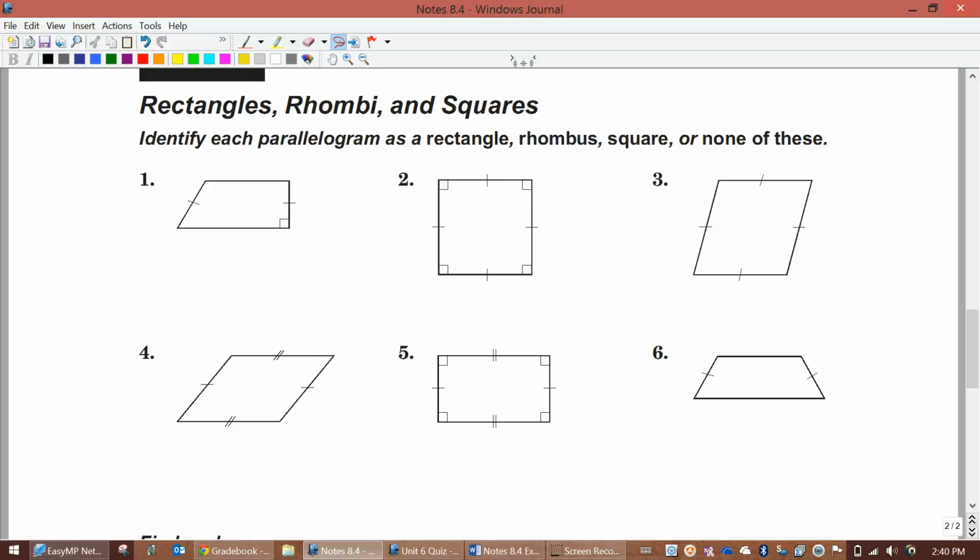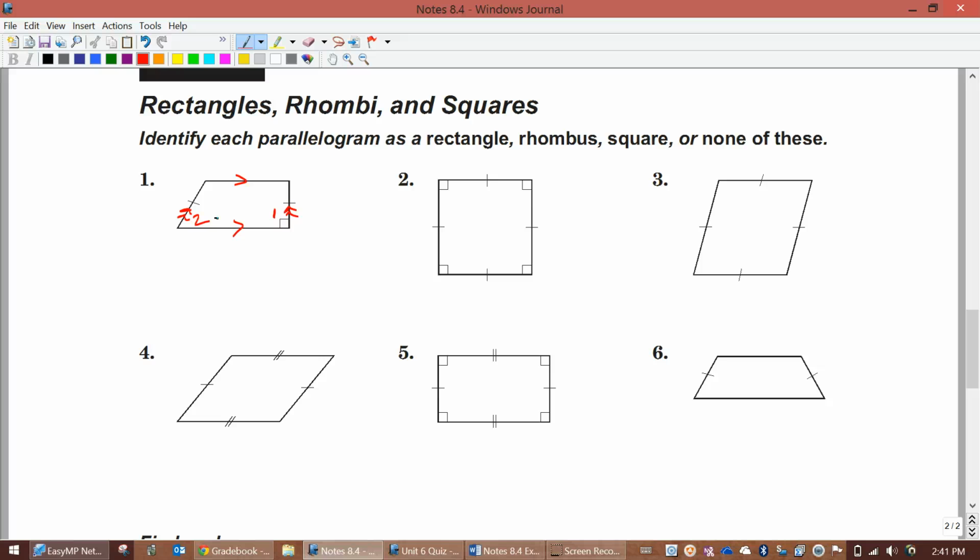So it's a parallelogram. If it's a parallelogram, we know that the opposite sides are parallel. We know this. That's true. If it's a parallelogram, we also know that the consecutive angles are supplementary. So this angle I'm going to label as angle 1, and the angle labeled as angle 2, those are supplementary, which means they add to 180 degrees.